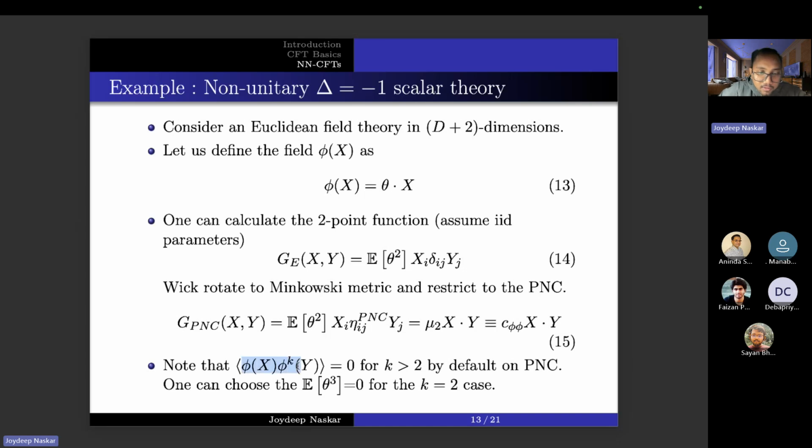We verify that here, that you take some other phi to the power k and you compute it. If it's odd, they get 0 by this expectation value thing. And if together they're even, then there'll be some point remaining that goes to y dot y, and they will just be 0 by default on the null cone.